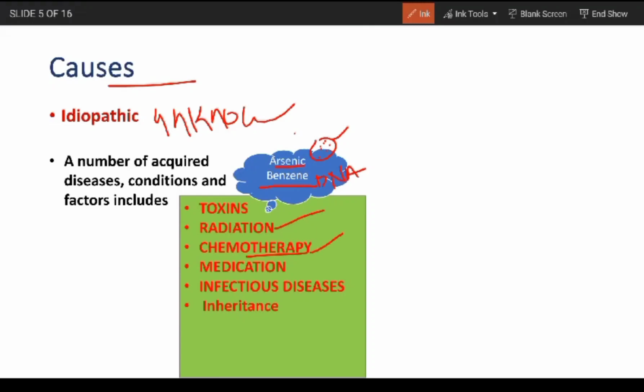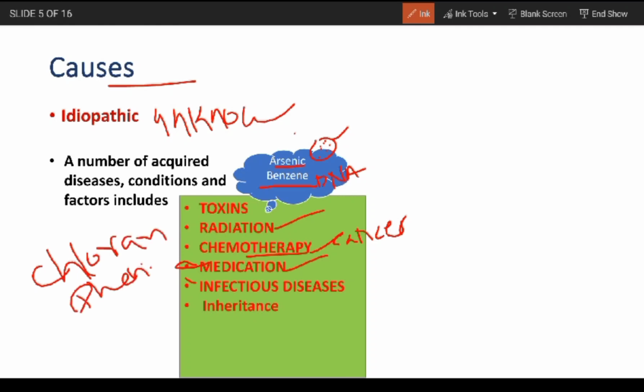Next, radiation and chemotherapy, such as treatment of cancer. Suppose a patient is suffering with cancer and is given chemo, then ends up with pancytopenia. Okay. Medications like chloramphenicol. The mechanism is idiopathic, but the proposed mechanism is that chloramphenicol toxicity inhibits protein synthesis of mitochondria in RBC.